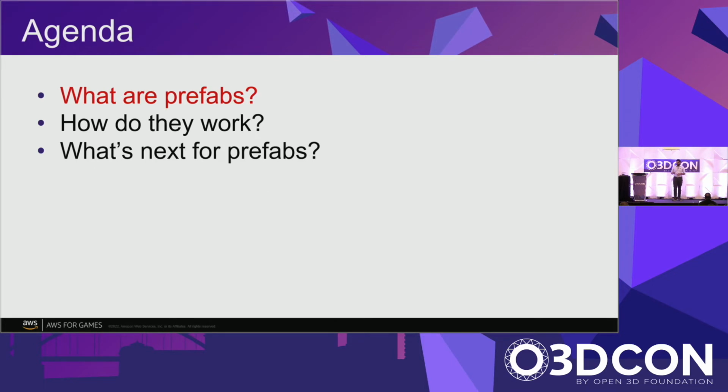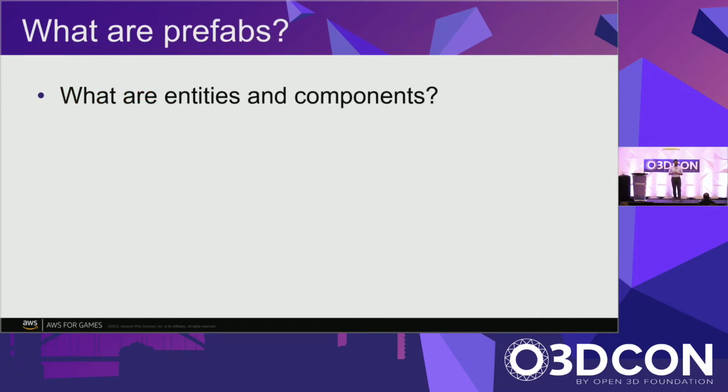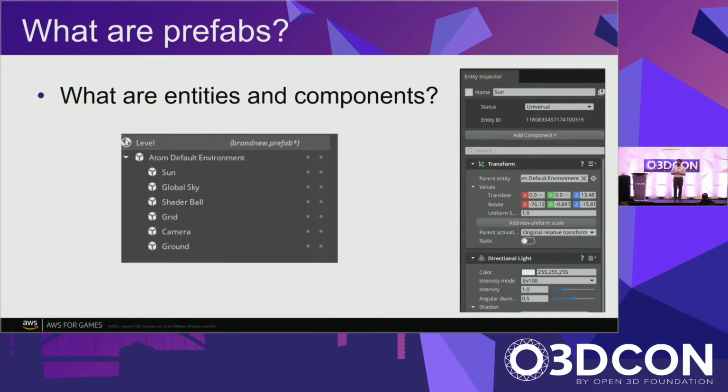I'm going to ask you to hold on to your questions till the end so that we go through all the concepts. The first thing is, what are prefabs? To understand what prefabs are, first we'll look at what entities and components are.